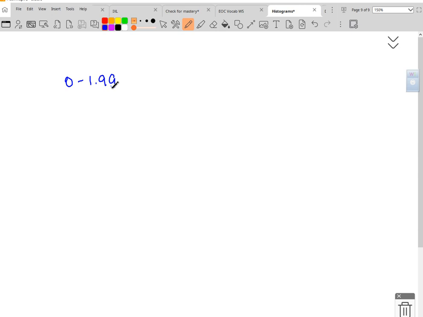So what would your next interval be? So it'll be 2 to. Once you pick your first interval, you can just add that to this number.